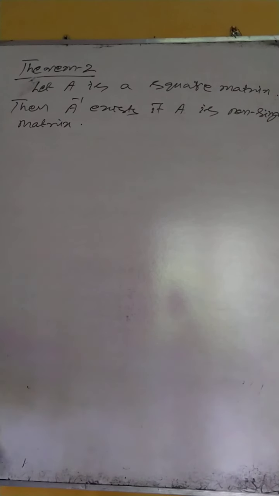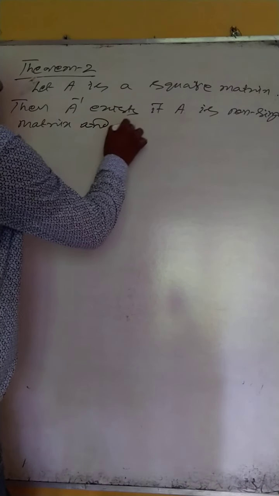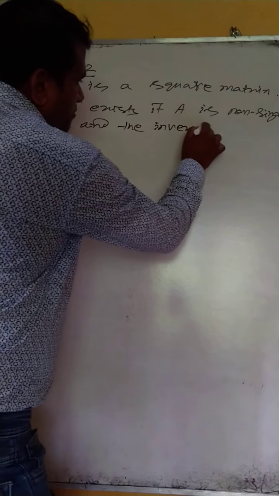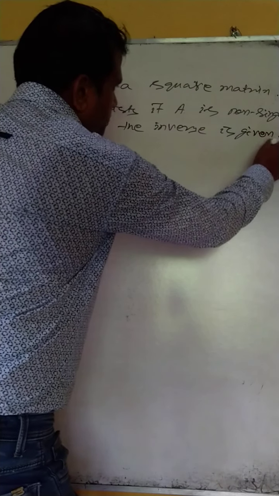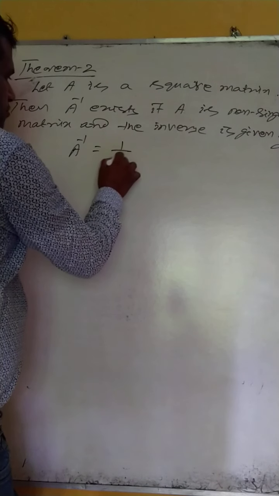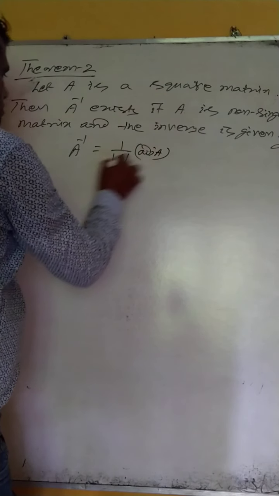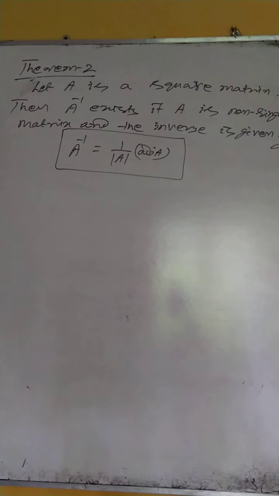That means the determinant value is not equal to 0, and the inverse is given by A to the power minus 1 equal to 1 by determinant A into adjoint A. This is the formula of the inverse.